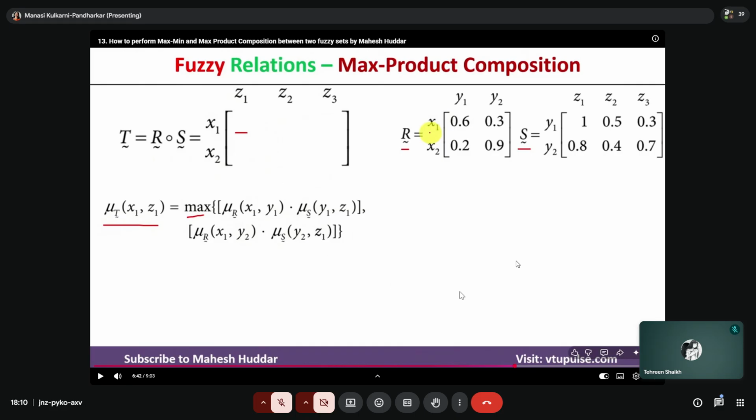So all of you first of all write down the formula. I'm waiting. So what you are going to do is x1 y1 into y1 z1. Right now x1 y1 is 0.6 and y1 z1 is 1, comma, x1 y2 is 0.3 and y2 z1 is 0.8. Take the product. Out of these products, whichever is the maximum, that you have to take. First write down the formula, all of you at least once, and then we will go for how to solve this.